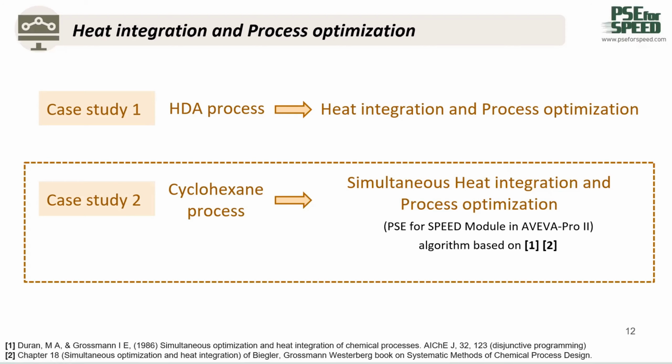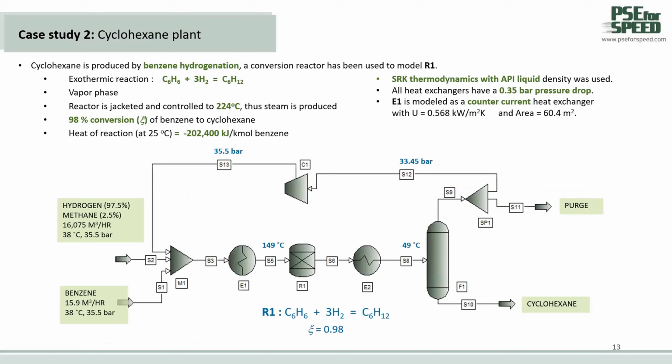Now let's focus on case study 2. Next, I will further explain how to simultaneously optimize and do the heat integration at the same time for this process. The task of the cyclohexane plant is to produce cyclohexane from benzene and hydrogen, where the reaction is highly exothermic and occurs in the vapor phase.